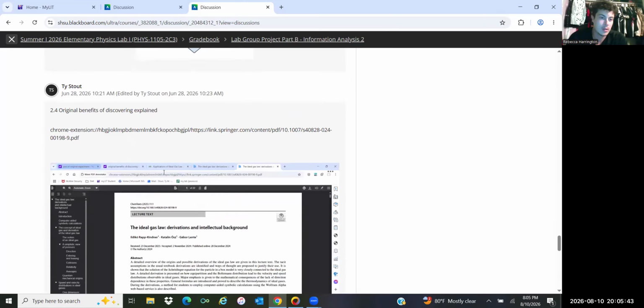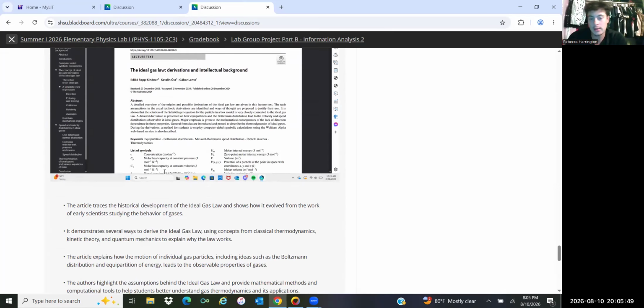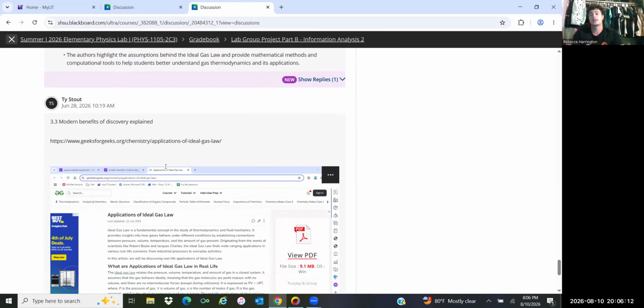For me, I had the original benefits of discovering the ideal gas law, and I think it comes down to how all of the modern stuff we have today came from experimenting with gas and fuel, making gases for things like anesthesia. So the modern benefits, like anesthesia.